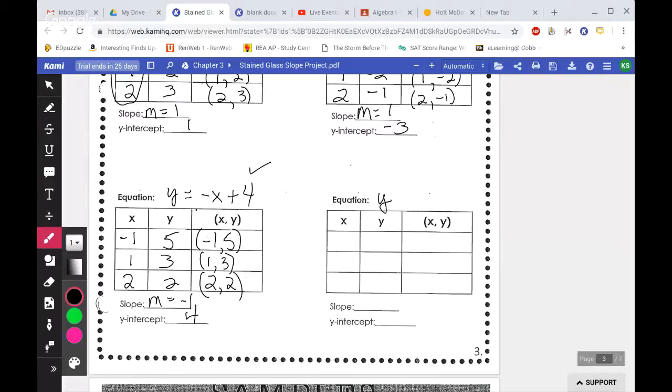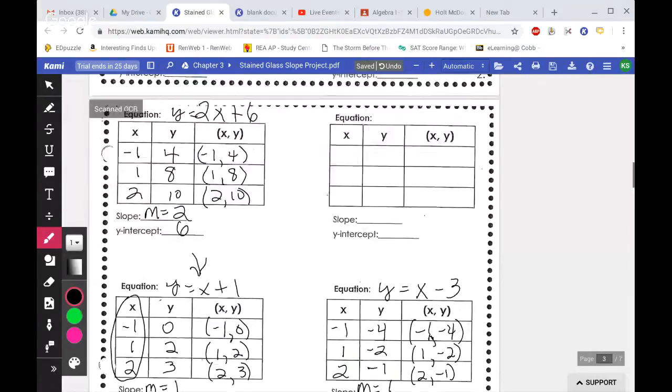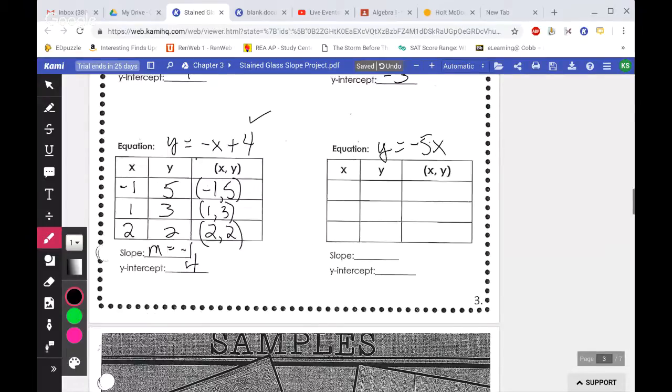Okay, Mary Faith, tell me yours. The y equals negative 5x. Negative 5x. Okay, and Eli, which one was it that you wanted? Y equals negative x minus 9. Okay, I'm going to do that one right after this one, okay? But I have it written down.